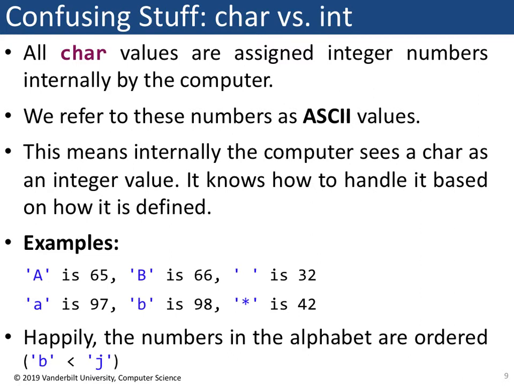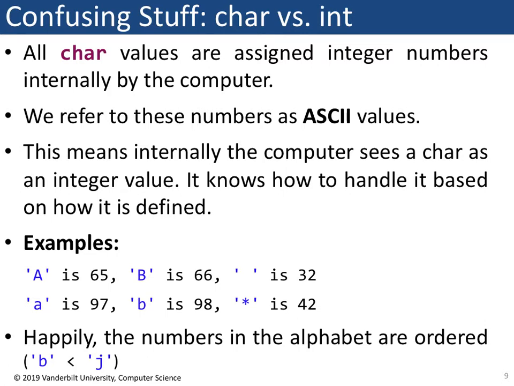So all we can store in computers is binary numbers. So then we have to have some way of encoding a char, a character, as a binary number. For instance, the letter A.